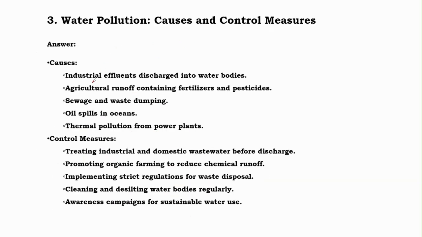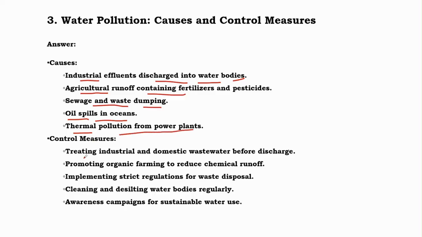Then water pollution, its causes and control. Causes are industrial effluent discharge into water bodies, agricultural runoff containing fertilizers and pesticides, sewage and waste dumping, oil spills in oceans, thermal pollution from power plants.